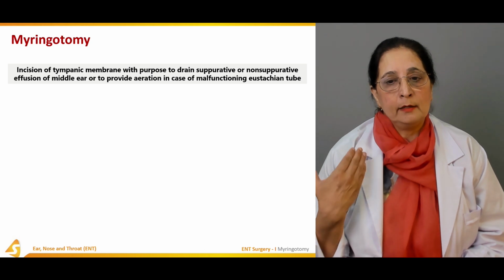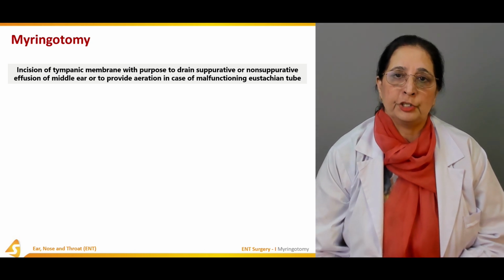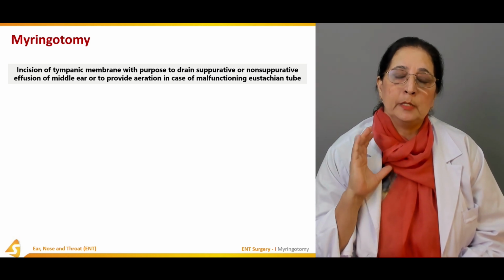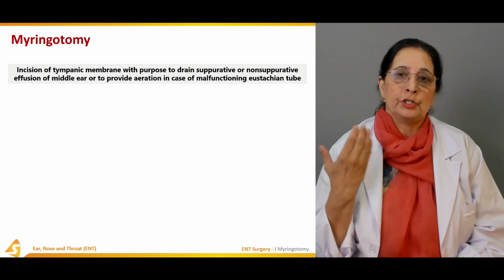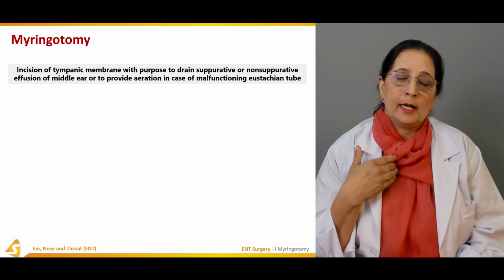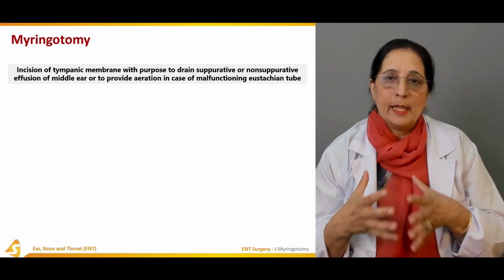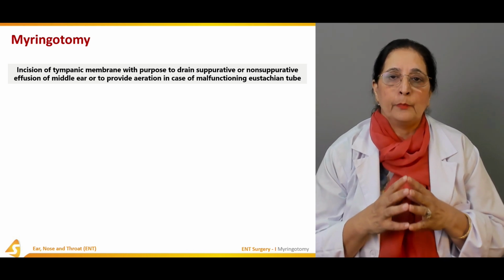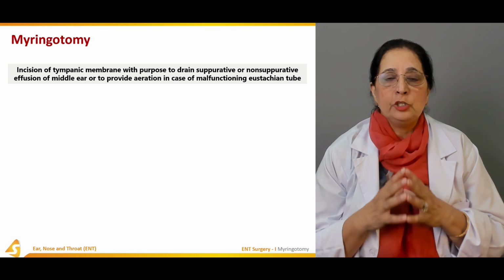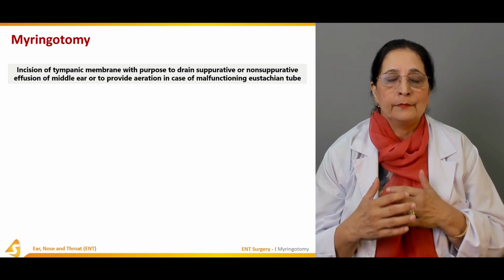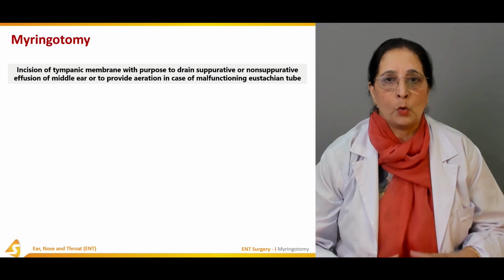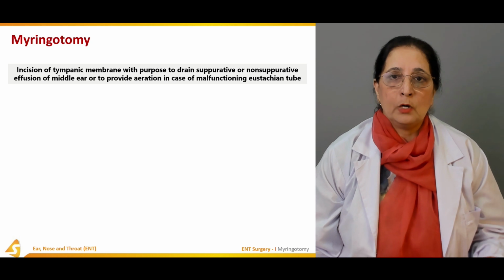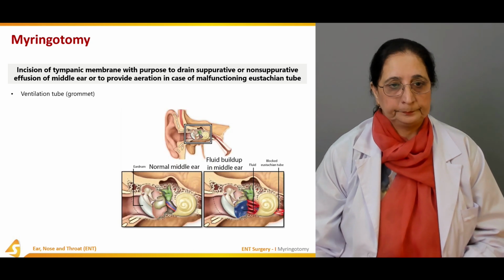Also when there is a malfunctioning of the eustachian tube, which is the tube responsible for maintaining the air pressure between the middle ear and the throat, we can put a tube to maintain the aeration that is required. So that's the main purpose of myringotomy.